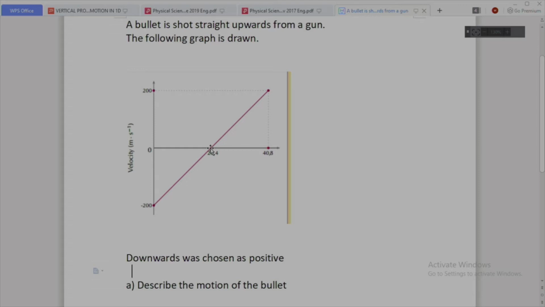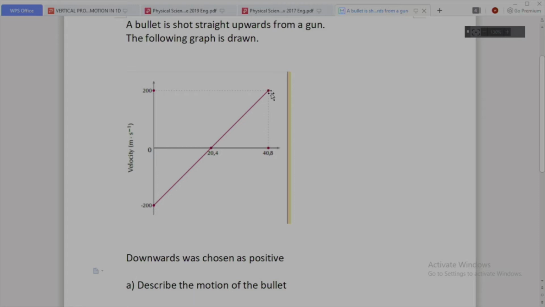It drops back, right? Now it drops back for another 20.4 seconds. Why do I say that? Can you see as it drops, it again maintains its speed of what? 200 meters per second, right?